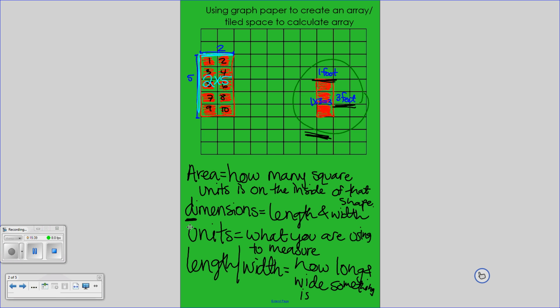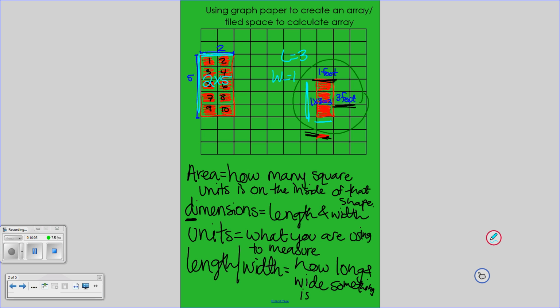But I will tell you that it really doesn't matter. Because if I look back up here at this example again, a lot of you would say, well, obviously, Miss Miller, the long side is 3 feet, so my length would give me 3, and the shorter side, the width, is 1, right?